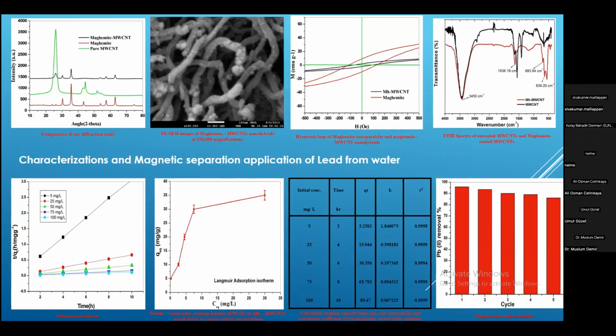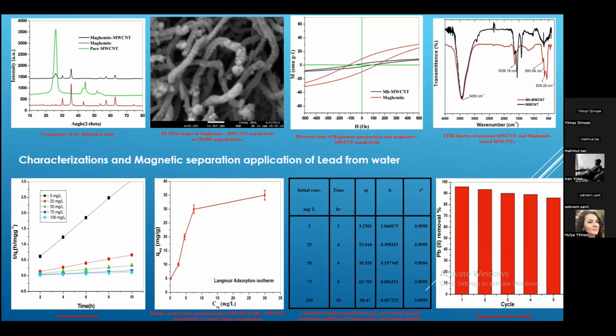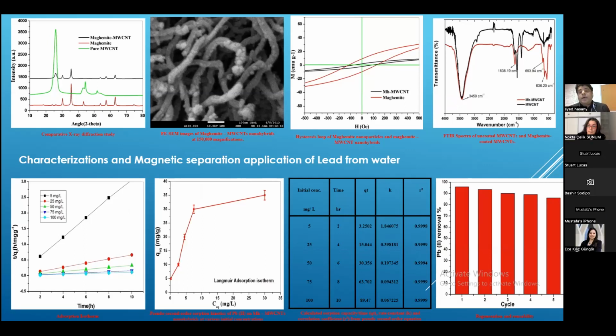These are a few of the characterizations I have put here, which include XRD, microscopic techniques, magnetometry, and FTIR. As we can see, the maghemite structure and the CNT structures show broad, low peaks.